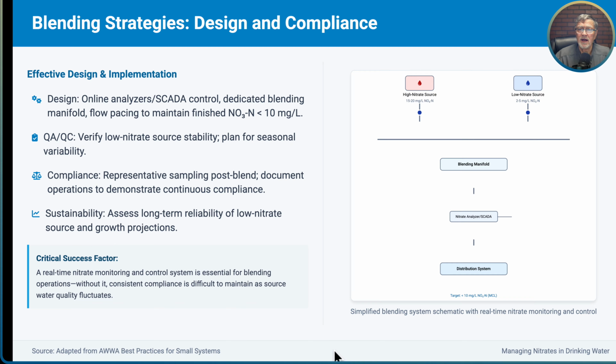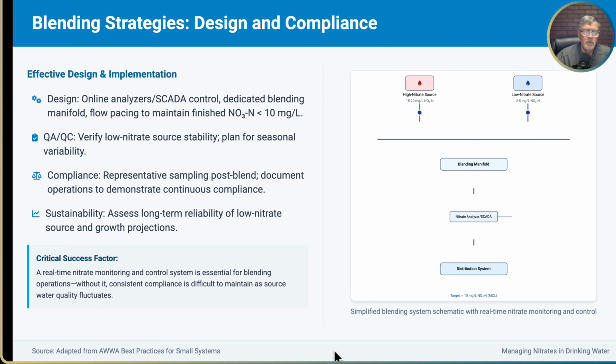So a SCADA system that's accessible over the internet and has cloud storage capabilities is really the way to go, and has the inputs. A lot of modern SCADA systems have really come down in price. They take more inputs than they used to. And I'm a big fan of running everything, or what you can, through your SCADA system so you can do that monitoring in real time. Especially if you have something sensitive where if you exceed your MCL, now you're going to have potential problems. So you're going to want to be able to monitor that, set alarms, and all that.